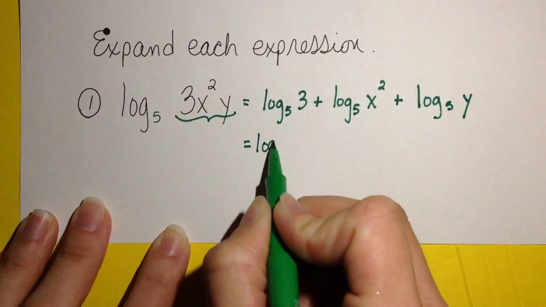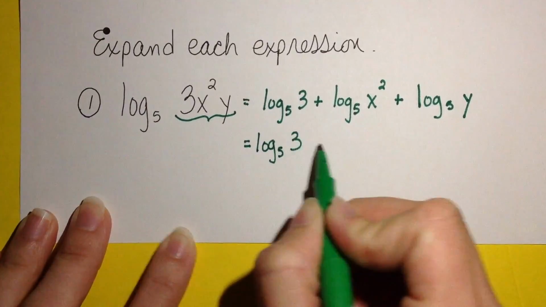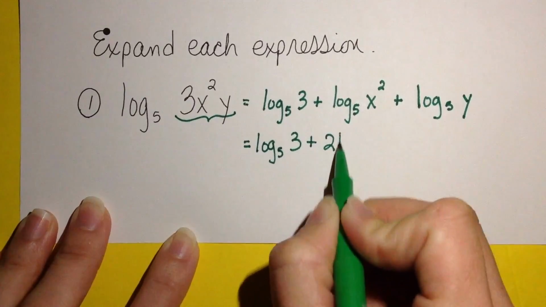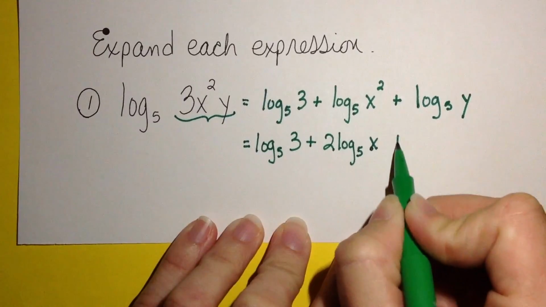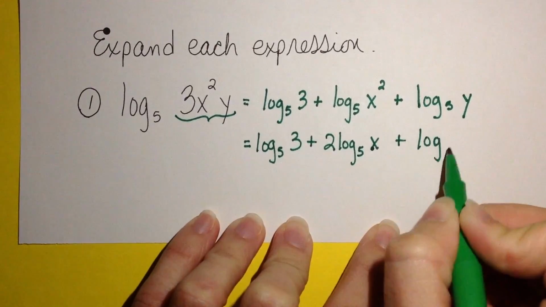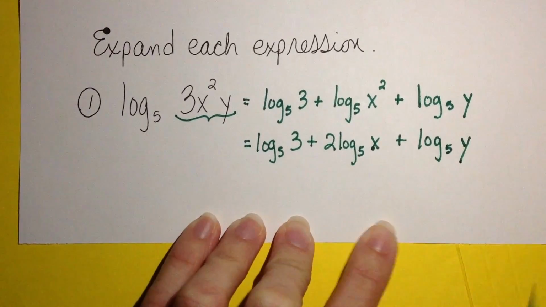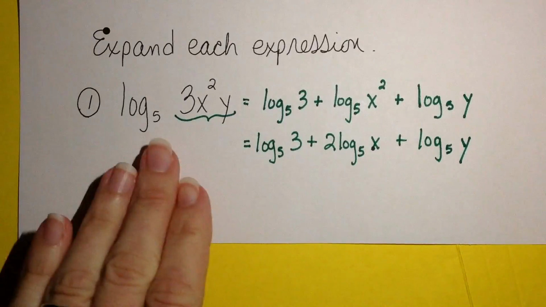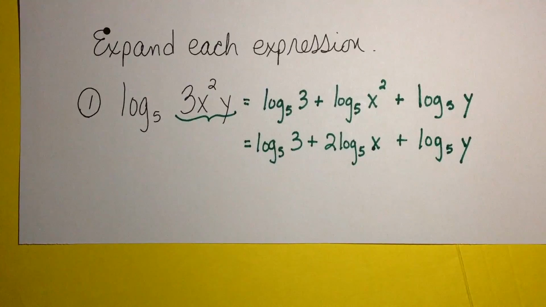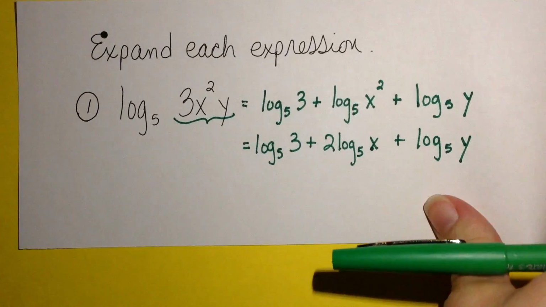The first term will stay the same, and then you'll have plus 2 times log base 5 of x plus the log base 5 of y. So you have taken those three properties and used them as much as you possibly can. This would be considered the expanded form of this. Okay, number 2.